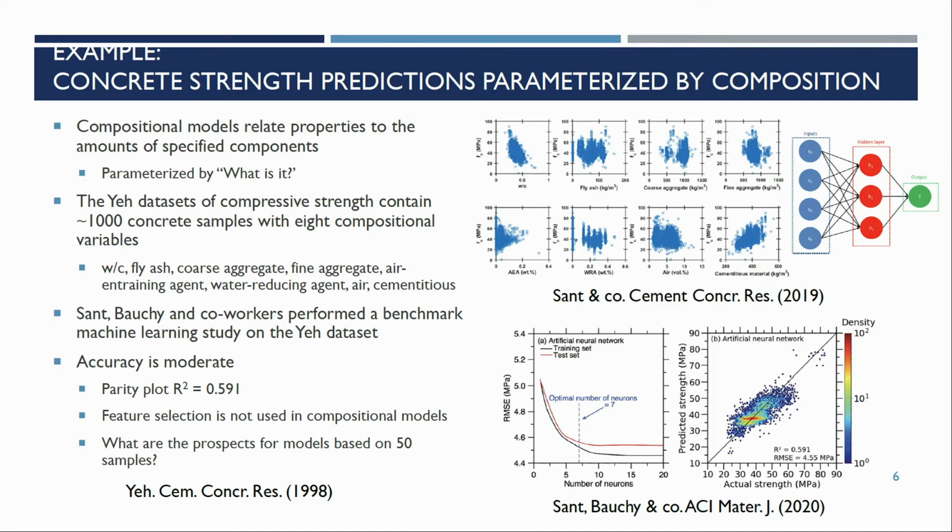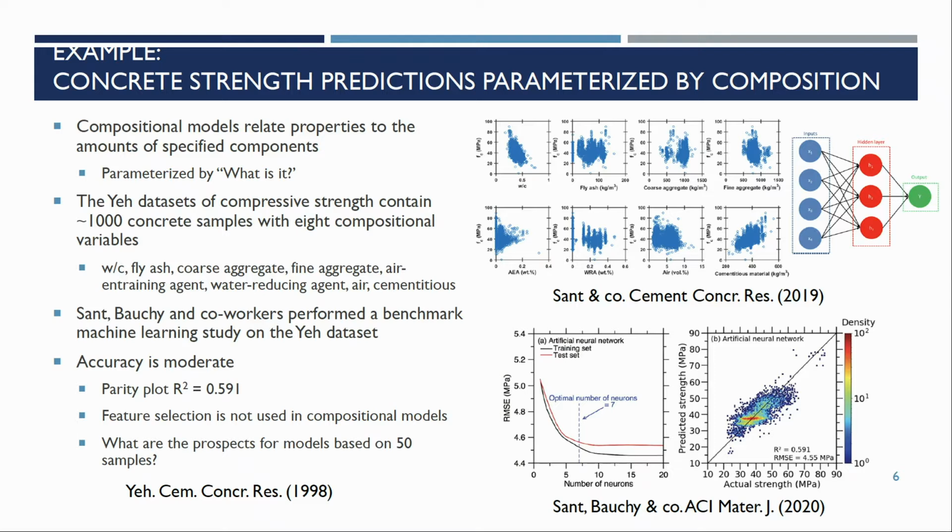So this is a paper that showed up a couple of years ago, and it's really one of the first real benchmark studies of applying machine learning to the workhorse problem in cement and concrete, which is predicting the compressive strength.